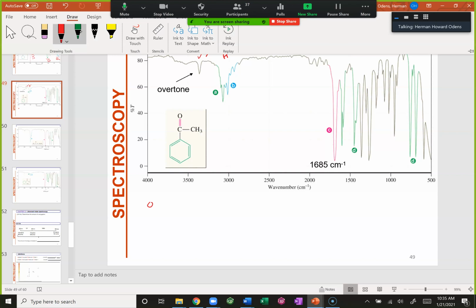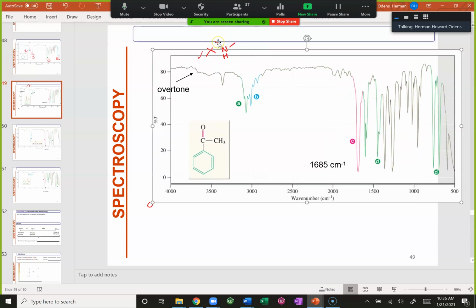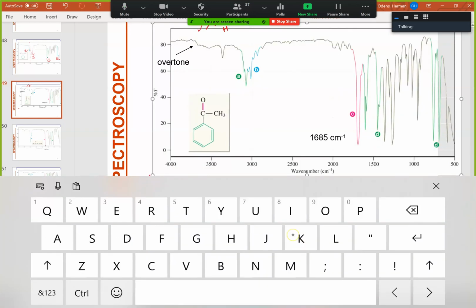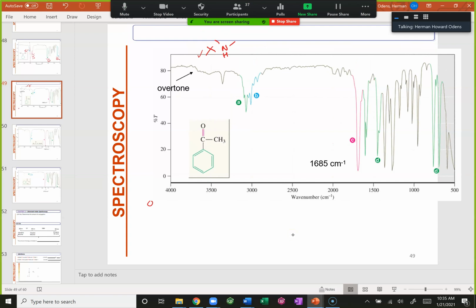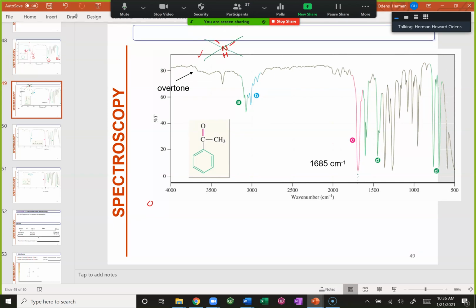So this is one of the times where I want my students to wise up. Hold on, I'm gonna cancel that. It's not that. How do you identify the overtone? Notice that usually for the overtones you go to the carbonyl, and most likely for the carbonyls I will give you the number if that's the case.